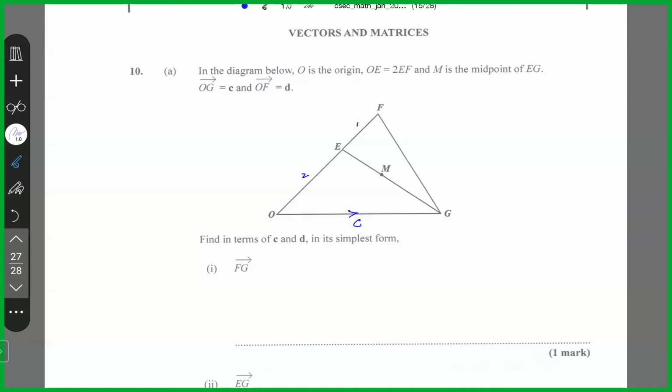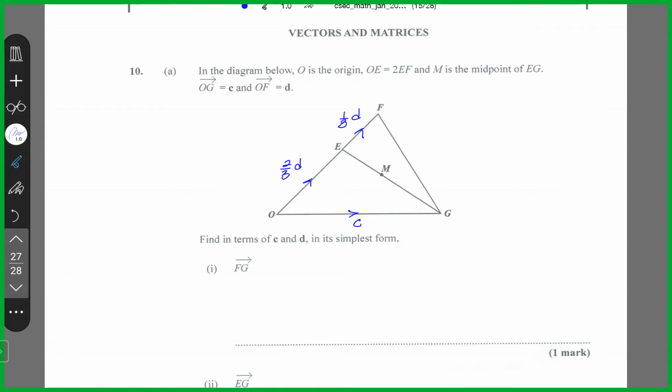So bear in mind that OF was actually divided into 3 parts. OE is 2 parts of the 3, and EF is 1 part of the 3. We were told that OF is D. So OE would be 2/3 of D, and EF would be 1/3 of D. Remember that OE is 2 times EF.